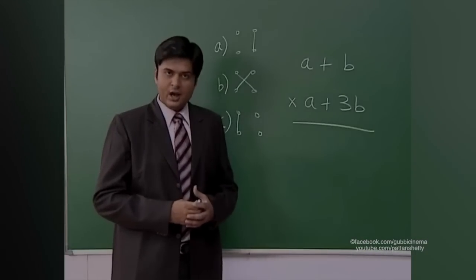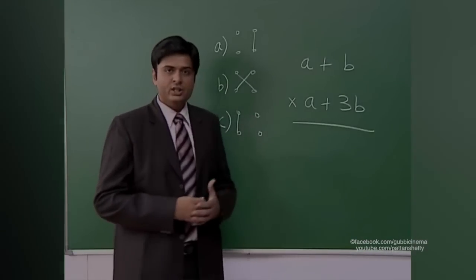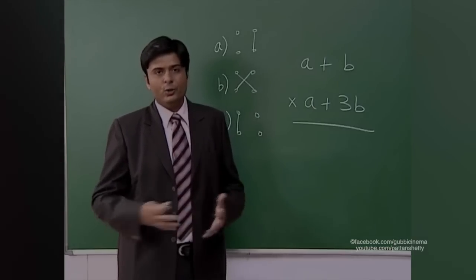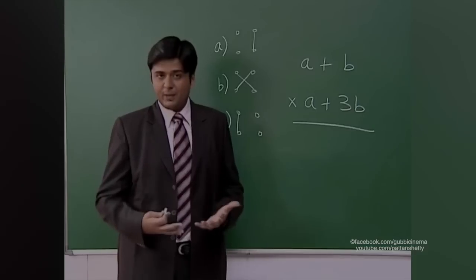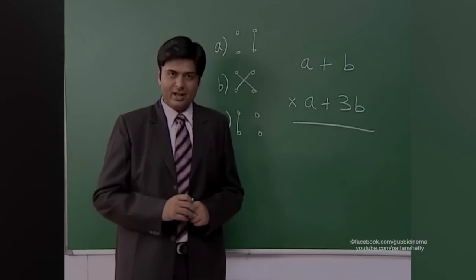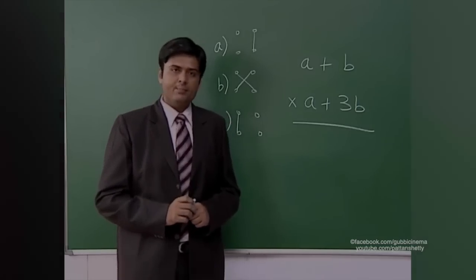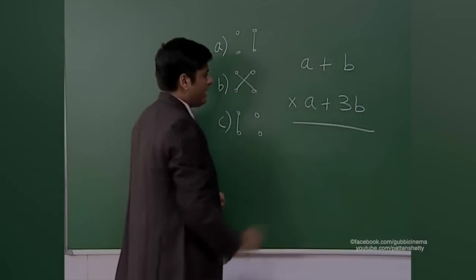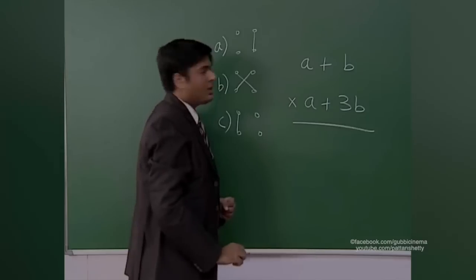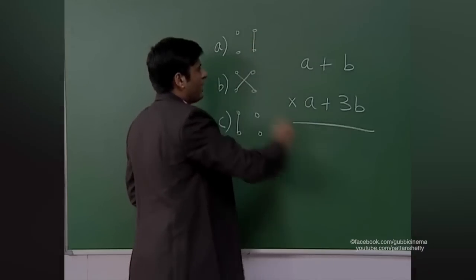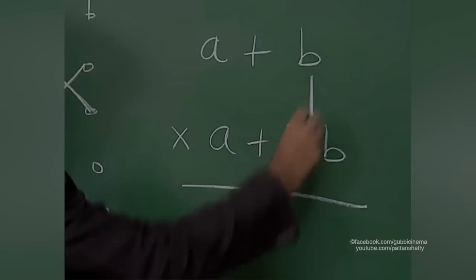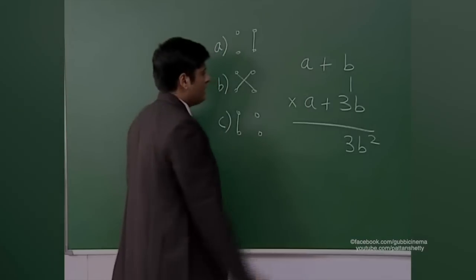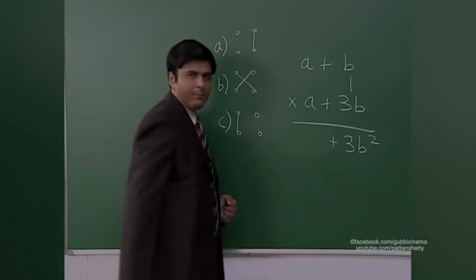Friends, we have seen how to use the criss-cross multiplication when we do arithmetic. But the same can be used for algebra also, where you can multiply algebraic expressions and get the answer very fast. Let us have a look at a simple example. Suppose I have to multiply, say, a plus b by a plus 3b. First step says multiply these two numbers. b into 3b would give me 3b square. Then put a plus sign because both are plus.